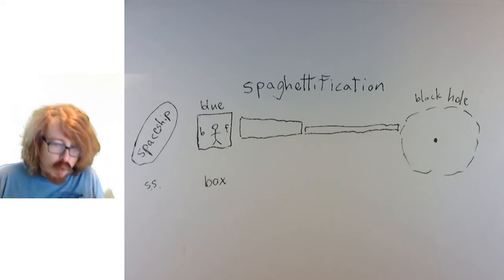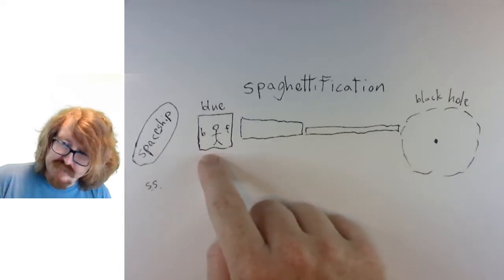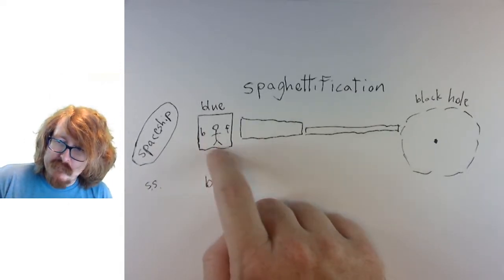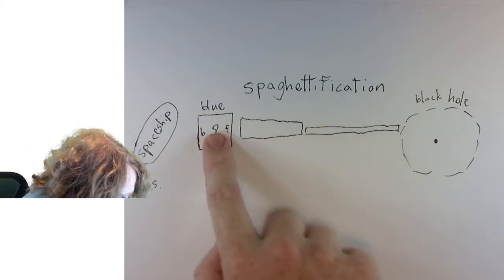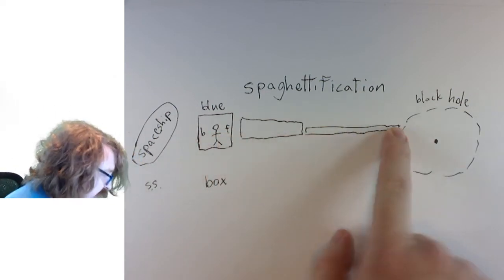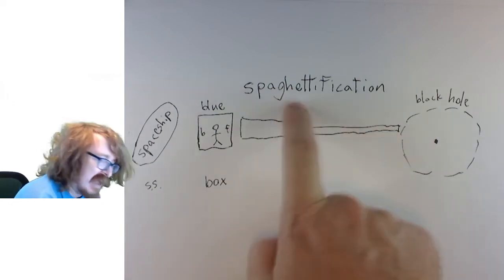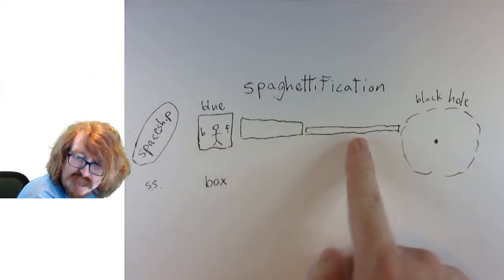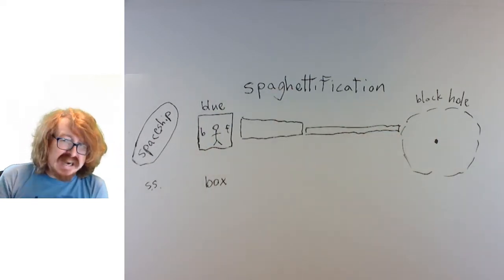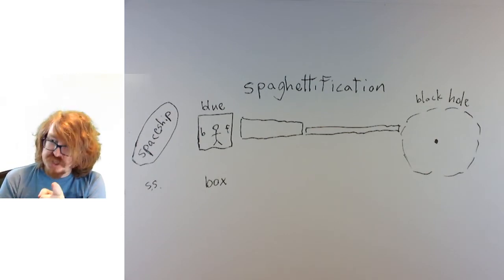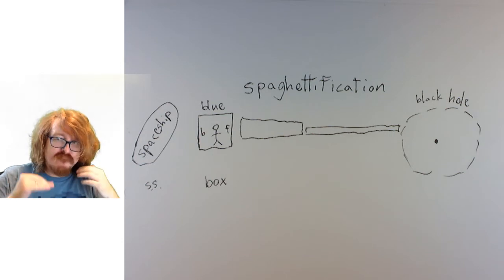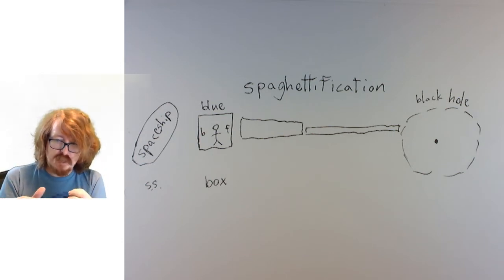Now, what about the box's point of view? What about Box Guy? He does feel himself spaghettify and see himself spaghettify as he falls into the black hole. But time will feel normal to him, okay?